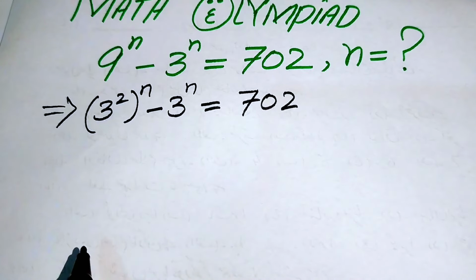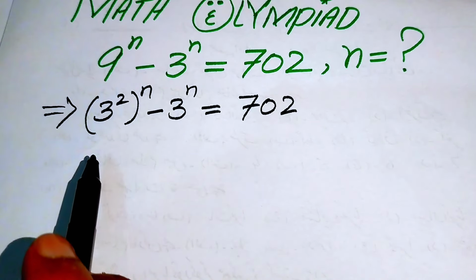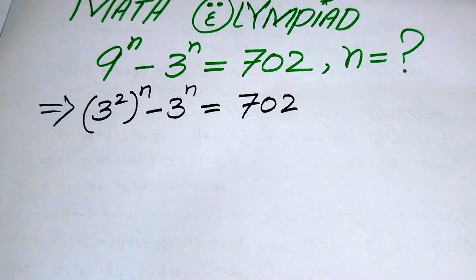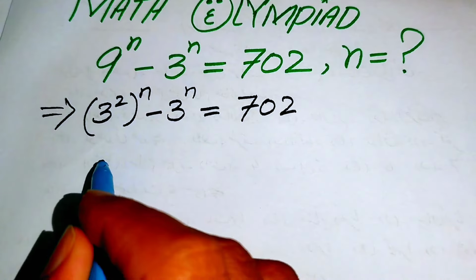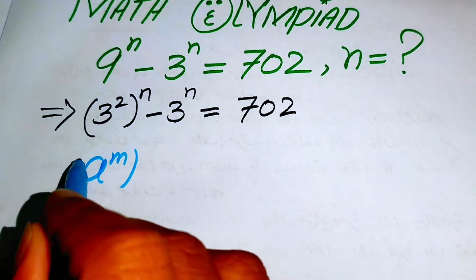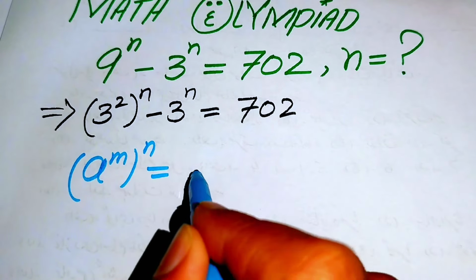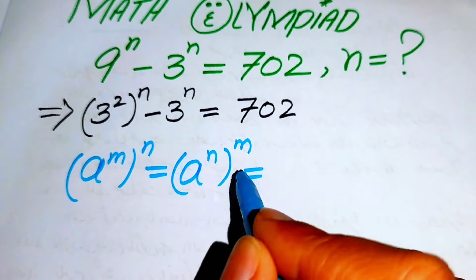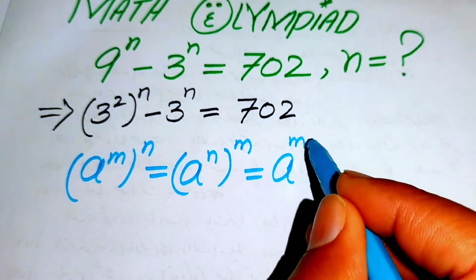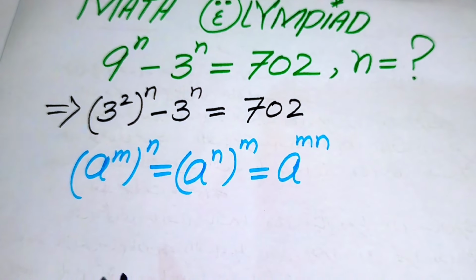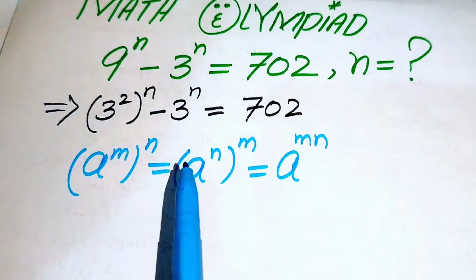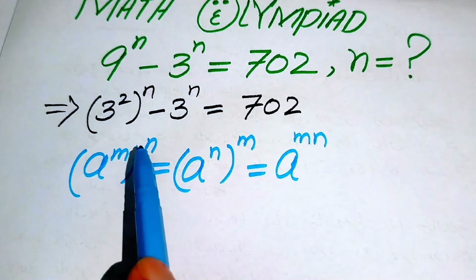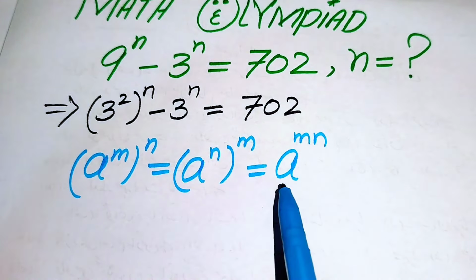Here we use the nice exponential law: if we have a to the power of m to the power of n, it equals a to the power of n to the power of m, and this whole equals a to the power of m times n. So if we interchange these two exponents, it does not affect our final answer.